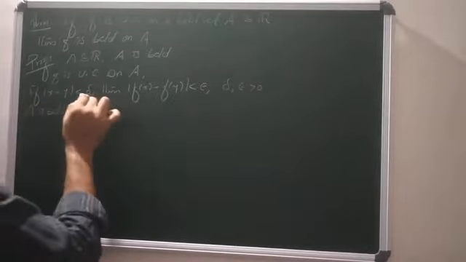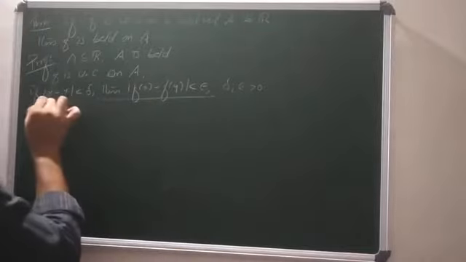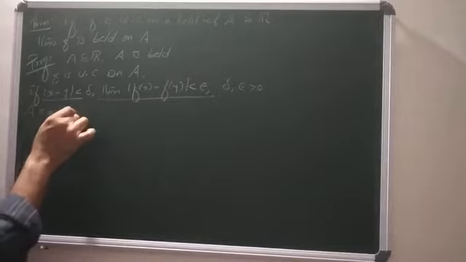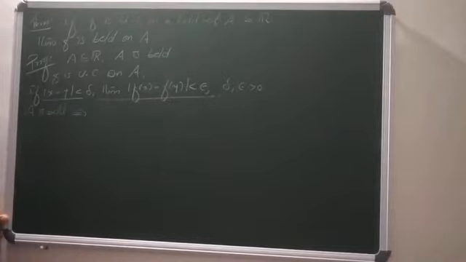So consider this one. If modulus of x minus y less than delta, then modulus of f of x minus f of y strictly less than epsilon. A is bounded means this A is covered by finitely many balls of radius some delta.